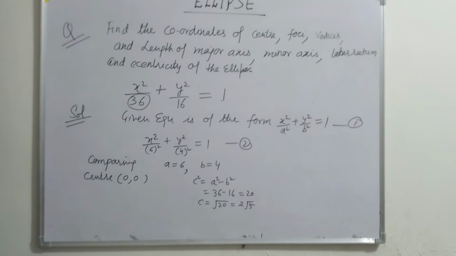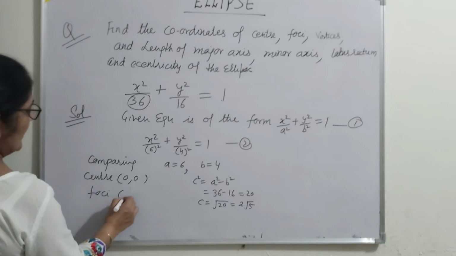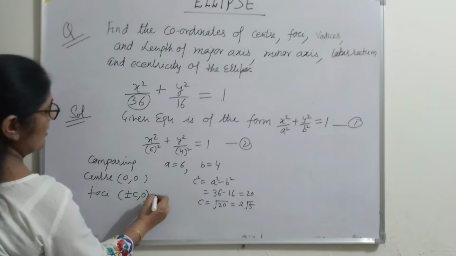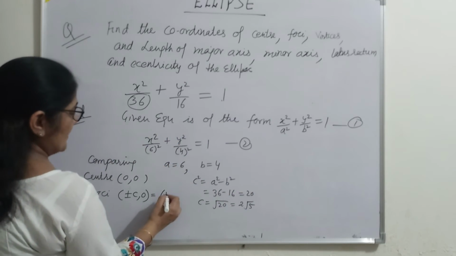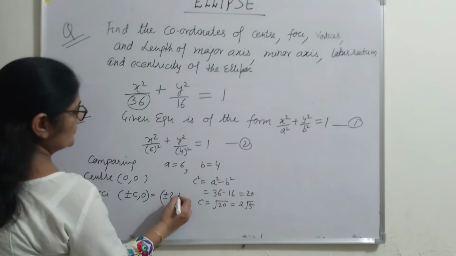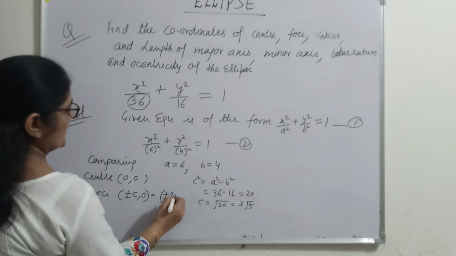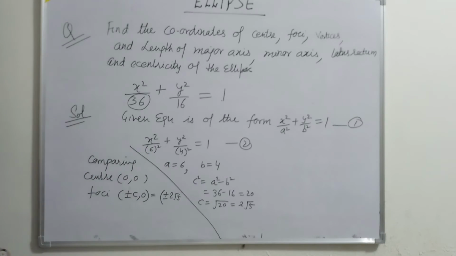The foci are plus minus C comma 0 because the major axis is along the x-axis. So plus minus 2 root 5 comma 0 are the coordinates of the foci.